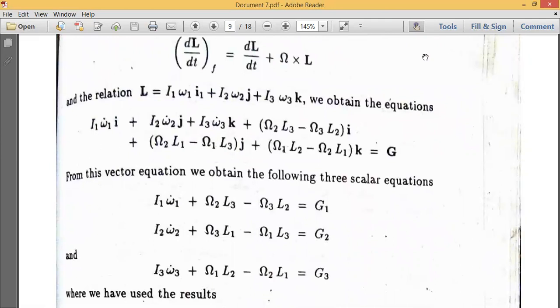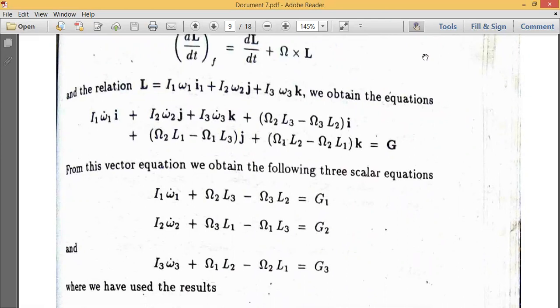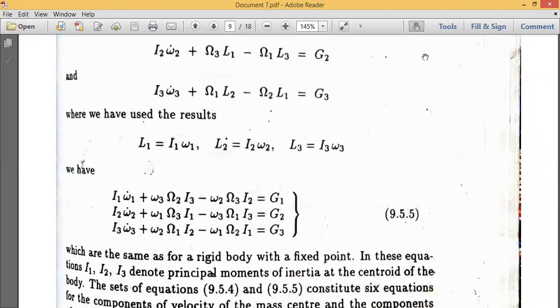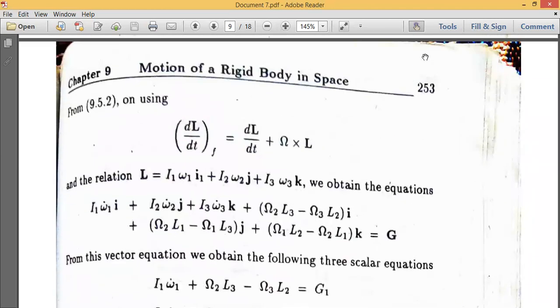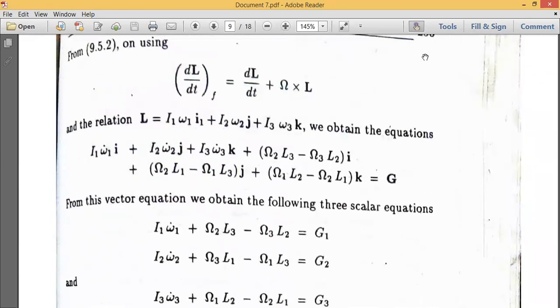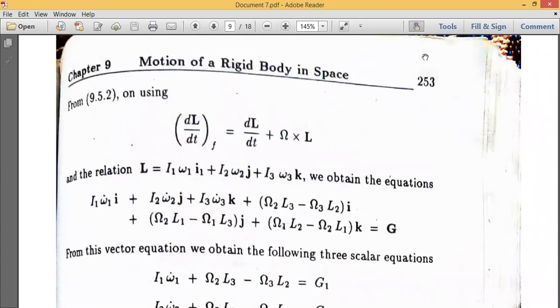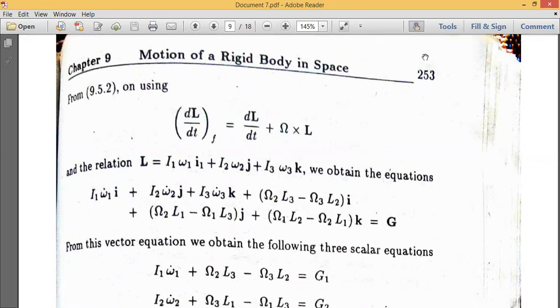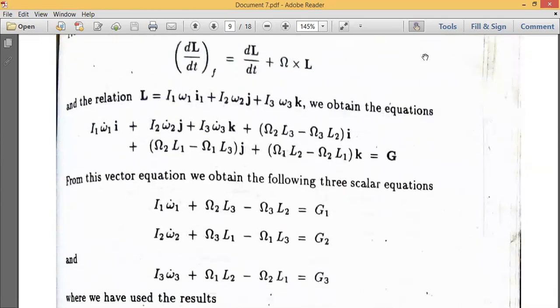Using (dL over dt) in the fixed frame is equal to dL over dt plus omega cross L, and the relation L is equal to I1 omega 1 i plus I2 omega 2 j plus I3 omega 3 k, we obtain the equation I1 omega 1 dot i plus I2 omega 2 dot j plus I3 omega 3 dot k plus omega cross L, namely (omega 2 L3 minus omega 3 L2) i plus (omega 3 L1 minus omega 1 L3) j plus (omega 1 L2 minus omega 2 L1) k, equal to G.